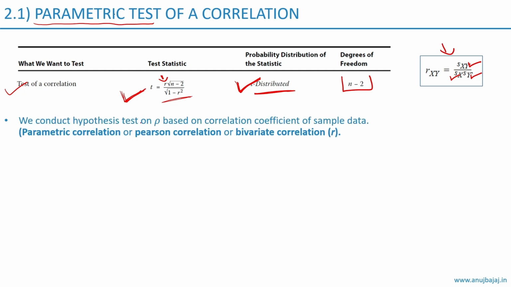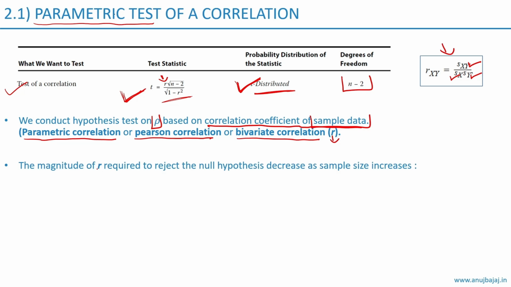So we conduct the hypothesis test on the population correlation, which is represented by rho. We conduct the hypothesis test based on the correlation coefficient of the sample data. We also refer to this correlation coefficient of the sample data as parametric correlation, Pearson's correlation or bivariate correlation, and it is denoted by small r.